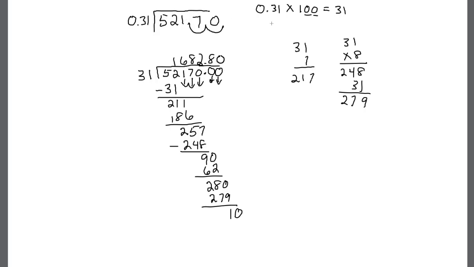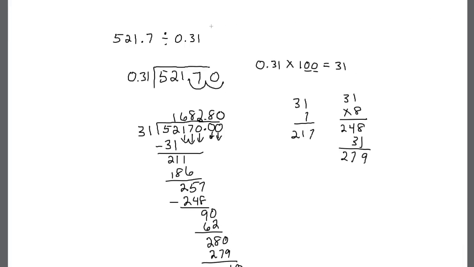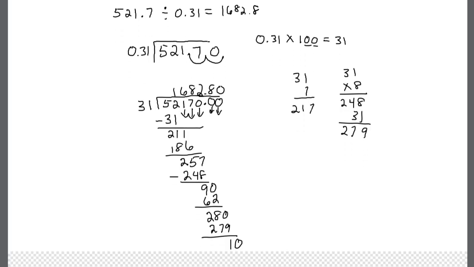So the final answer is going to be the question, which is up here, so 521 and 7/10 divided by 31 equals 1,682 and 8/10. So that's how we divide decimals by decimals.